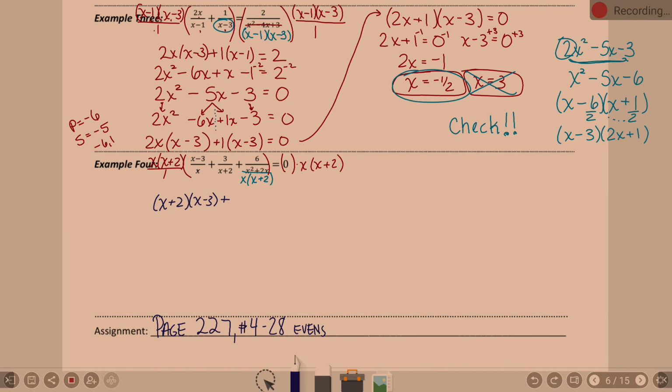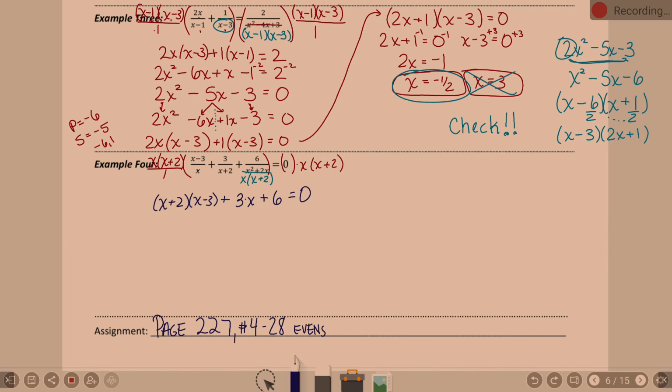X plus 2 cancels, we're left with 3 times x, 3x. Plus, what happens in the next fraction? Both of them cancel and you're left with plus 6. Equals, what about the right side? 0. 0 times all of that mess is 0.